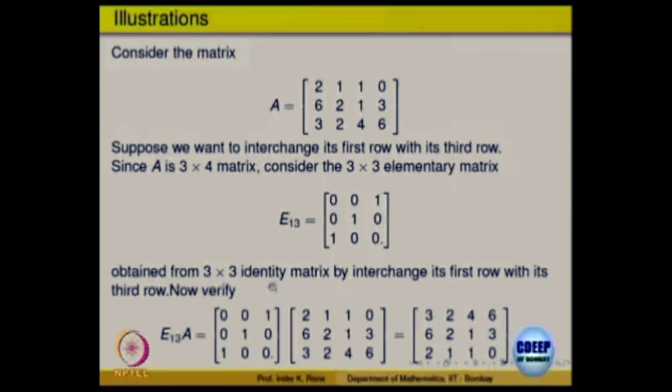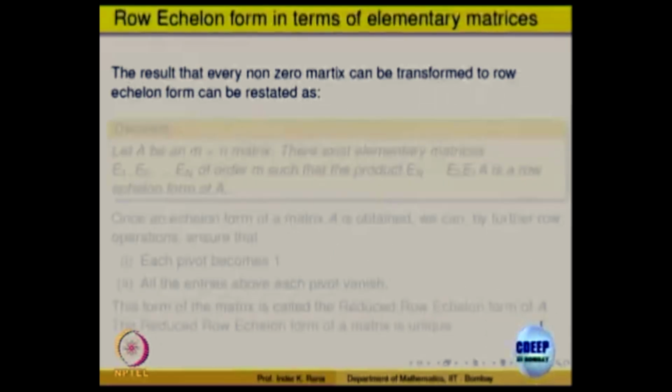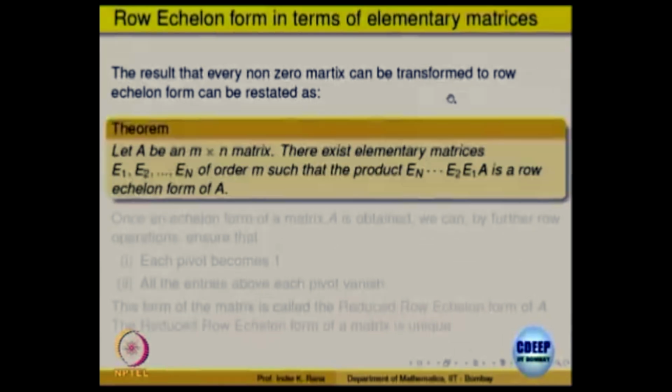So let us do E13 multiplied by A. So that is E13, that is A. Now if you multiply, this is 0, this is 6 and this is 3. So 3 will come here, matrix multiplication, you can check that. Clear to everybody, right? So pick up the elementary matrix corresponding to the elementary row operation that you want to do and pre-multiply. So the resulting matrix will be transformed accordingly.